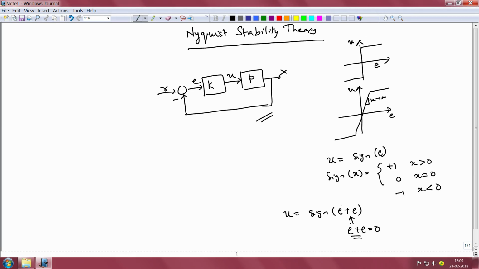So this kind of control strategy, which is a general version of on off control, is called sliding mode control. So we see that even in the case of sliding mode control, we have this high gain relating the input to the output that is responsible for getting the reference to be tracked by the closed loop system.